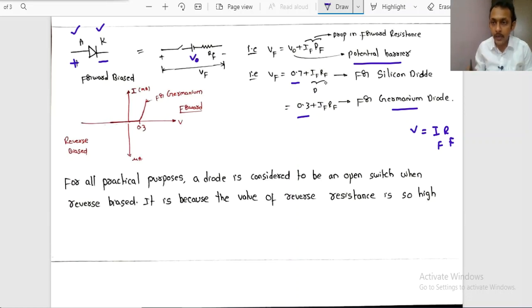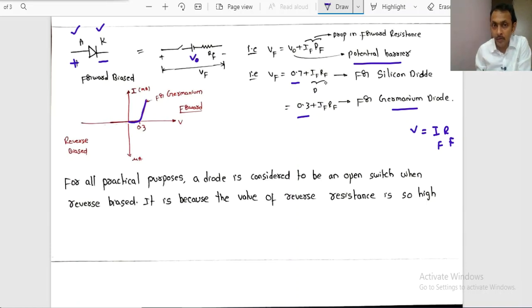for a germanium diode. Now if you observe the VI characteristics, up to 0.3 volts, there won't be any conduction. The moment it crosses its barrier potential, if it is germanium, there will be a sudden rise in the current. It comes into the conduction mode.